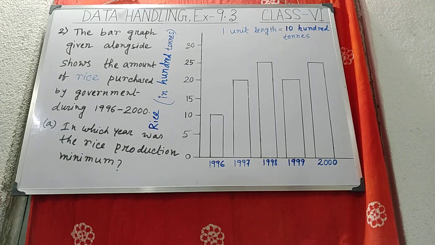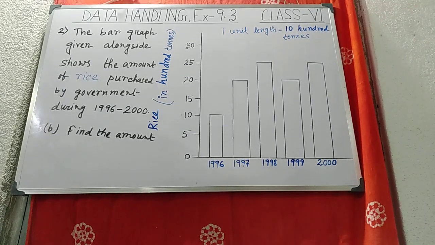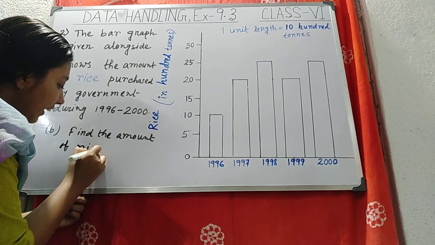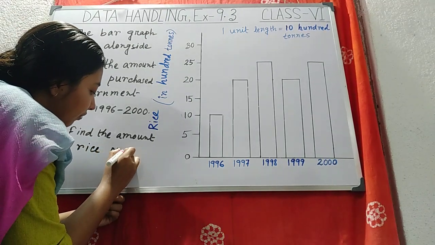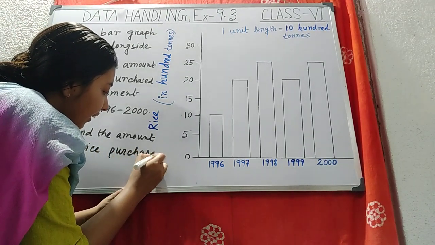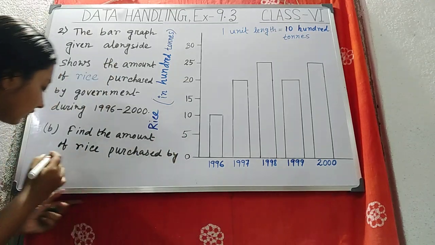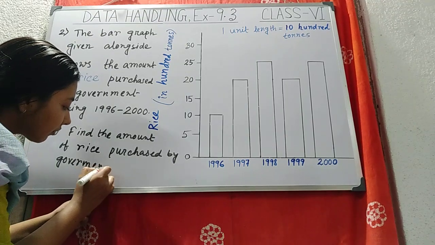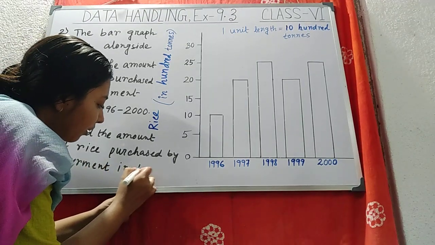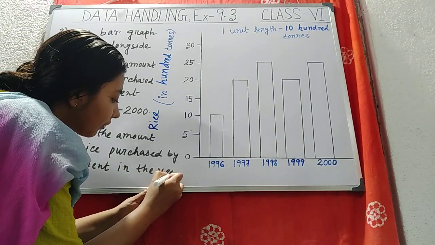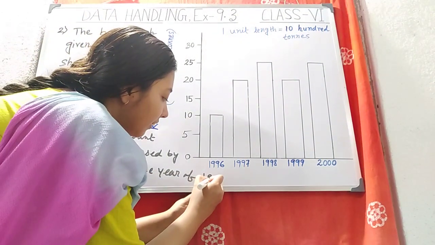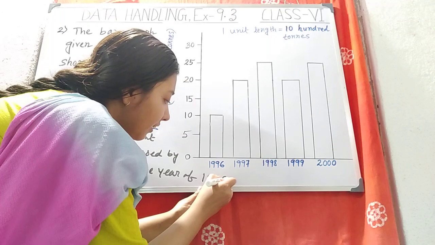Your second question is, find the amount of rice purchased by government in the year of 1998.